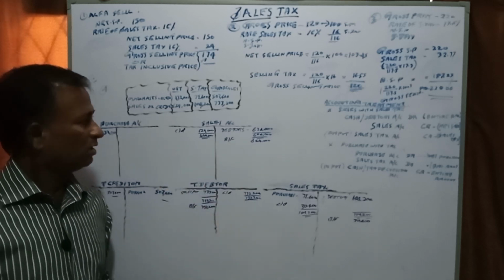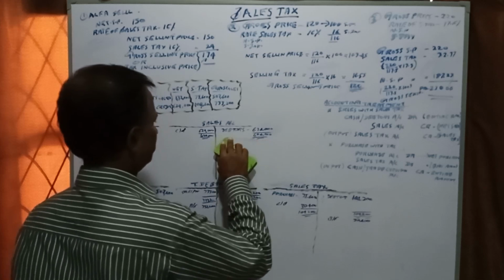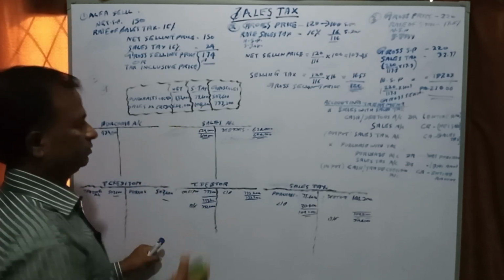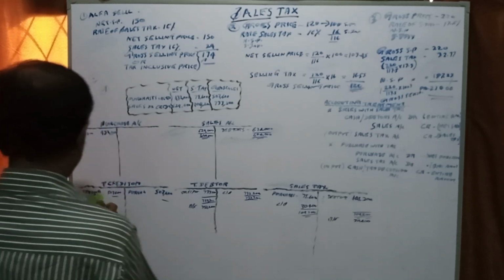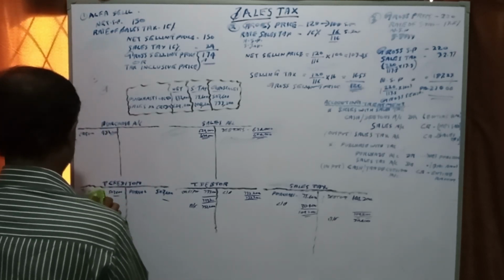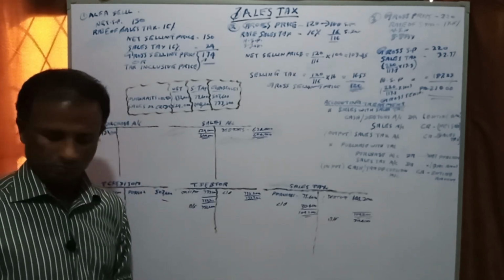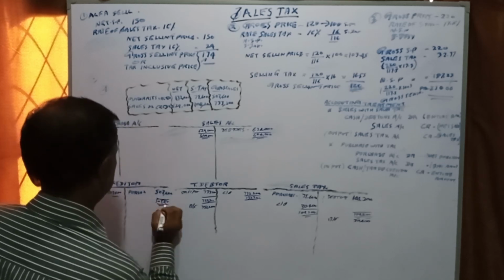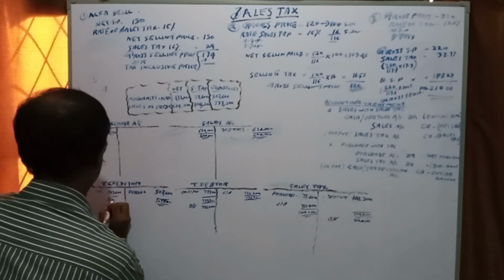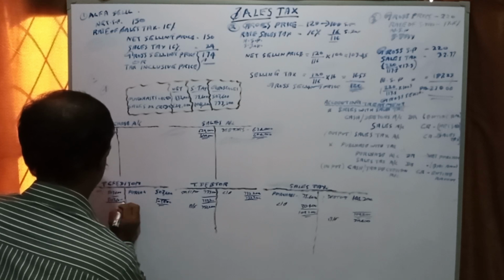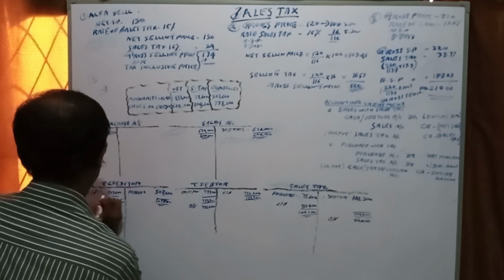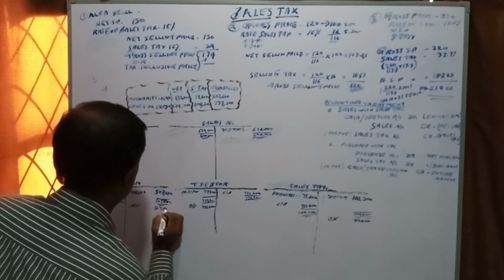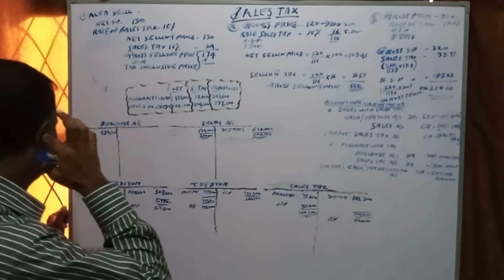Sorry, I thought that was a purchase, right? 507,600 balance brought forward.